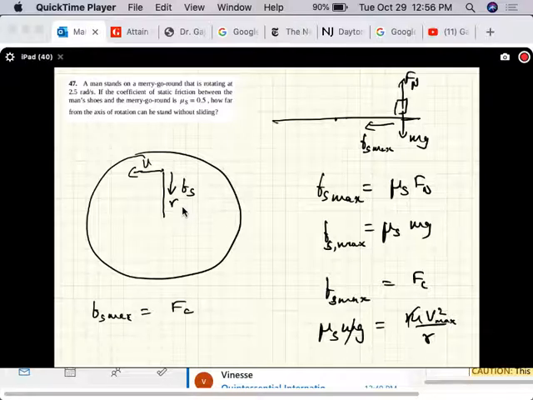No, the velocity is given, sorry. Velocity is given, and you can see this as r increases, mu s is smaller and smaller.